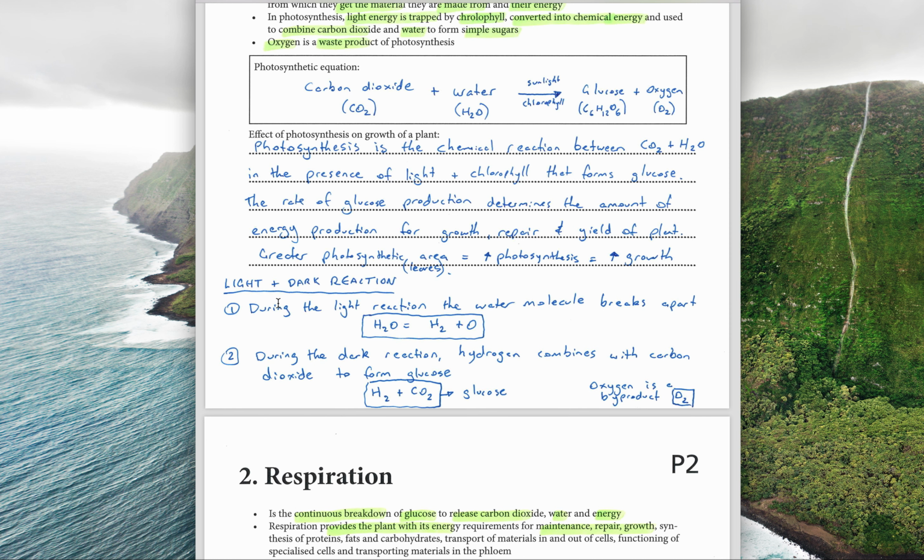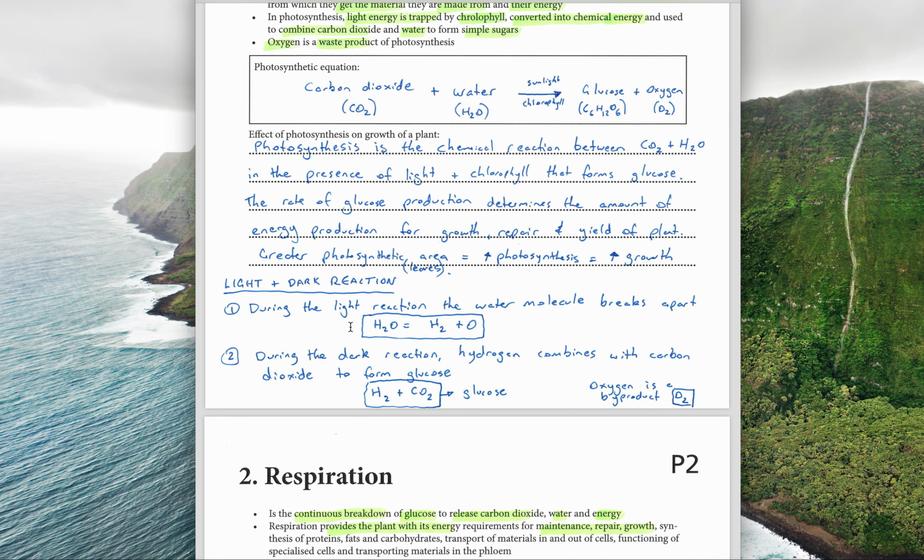One thing you may not know is that light and dark reactions are part of photosynthesis. There's a part of photosynthesis that occurs during the day, and another part of the photosynthetic process that occurs during the night. The one that requires all the energy is where water is split apart into hydrogen and oxygen, and this splitting apart of a molecule requires the energy from the sun.